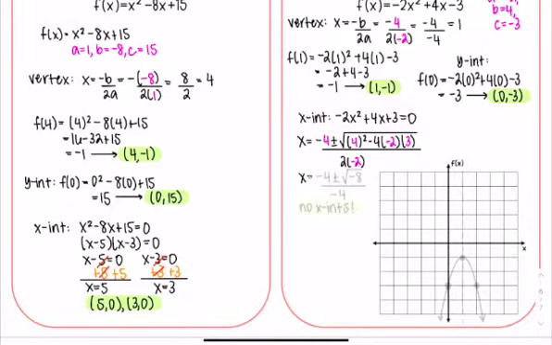And so we want to simplify underneath the radical. So we have negative 4 plus or minus. When I simplify this, I do end up getting the square root of negative 8. But that's going to become an imaginary number, which we cannot plot on our graph. So this means that there are no x-intercepts.